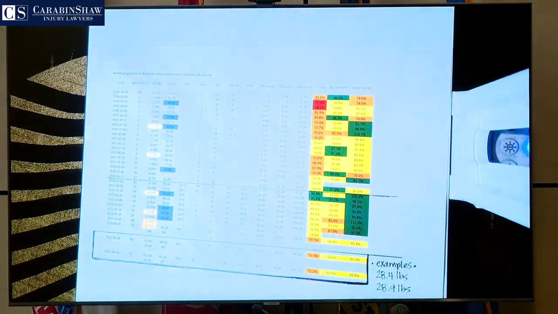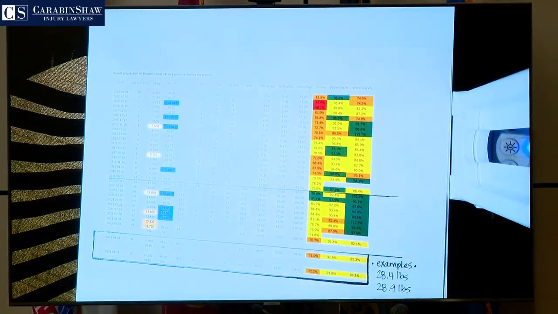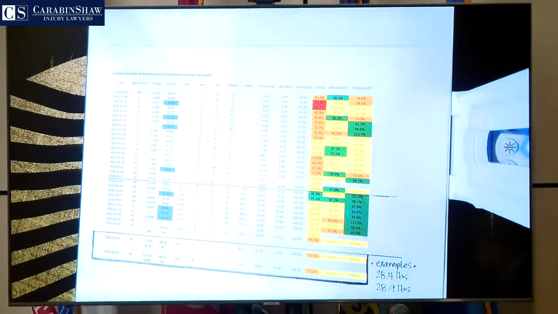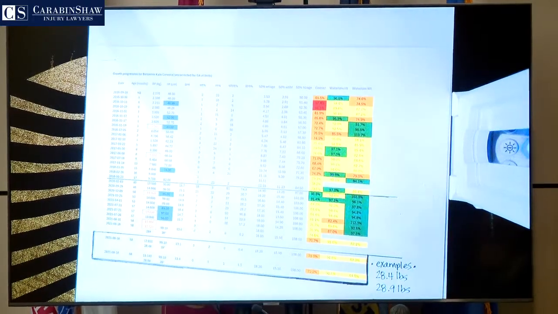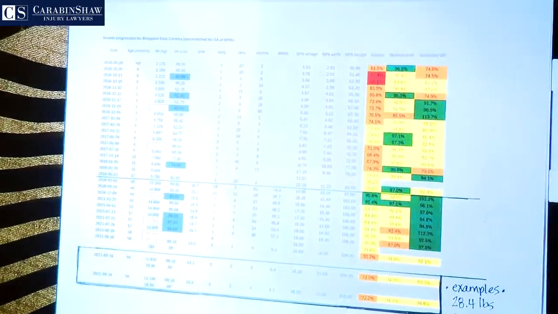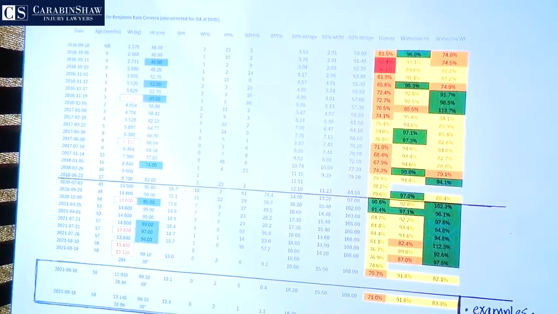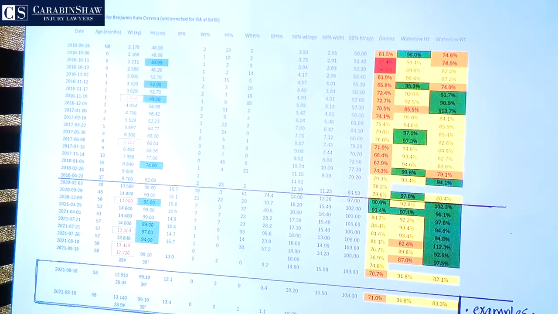The next to last column is the height column, which compares their actual height to the average height for their age. And then the weight classification at the end, which is the most helpful in looking at a child's nutritional status relative to starvation, compares this child's actual weight to the average weight for a child of his height.